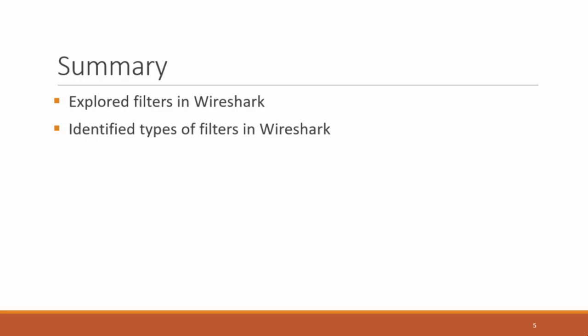In this section, we've explored the filters within Wireshark. We have examined the types of filters that are available within the Wireshark tool. So now that we've done this, we're ready to explore the powerful capability of filters in Wireshark. Next up, we'll deploy filters and examine the assistance this provides us with our protocol analysis.